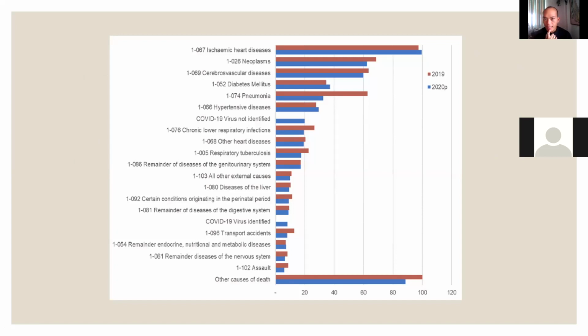Okay, so ischemic heart disease, cancer, neoplasm, CVA, cerebrovascular accident, DM, pneumonia, hypertensive diseases, you can tie that to your cerebrovascular and ischemic heart diseases, chronic lower respiratory infections, heart diseases, tuberculosis, diseases of the liver, viruses, transportation accidents, yan yung mga other assault and other causes of death.